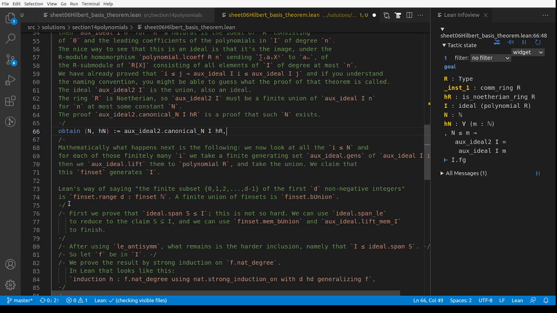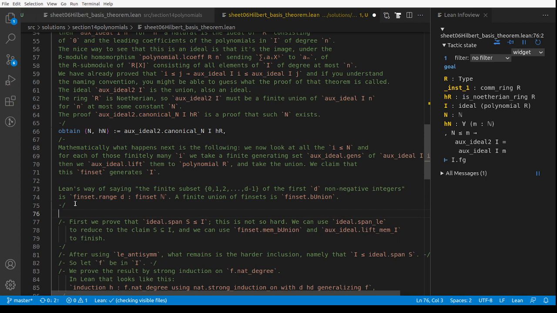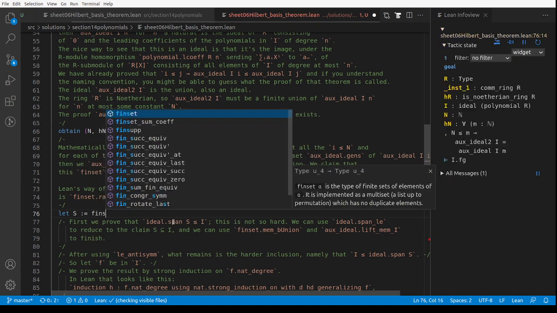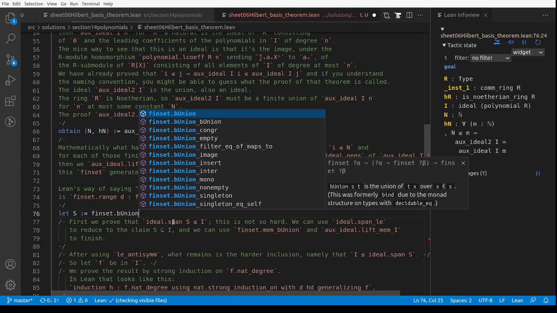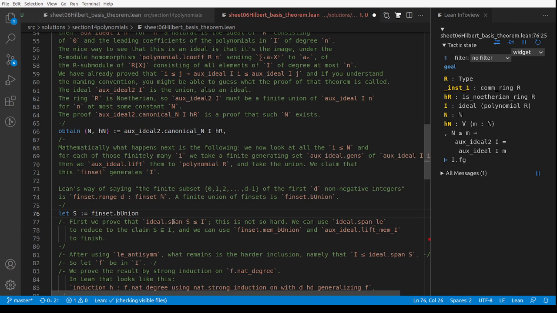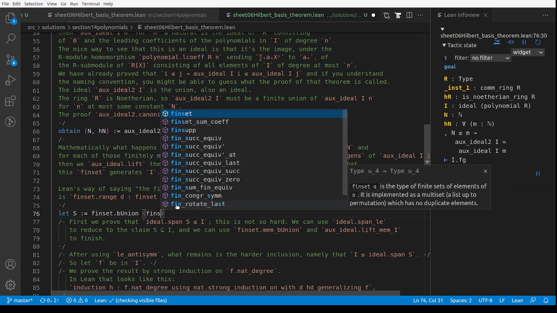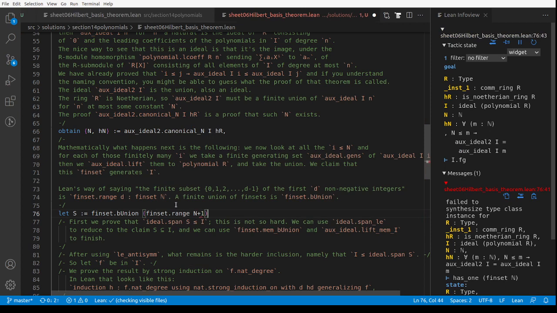Aha. Right. So I think let's let S be. So I need to encode this concept in Lean. So it's going to be Finset.biUnion. And now it wants a Finset. And that's the finite set of, that's going to be Finset.range (n+1).